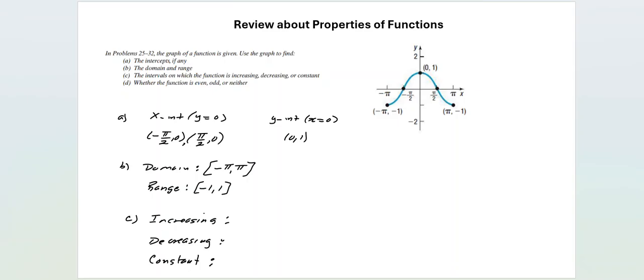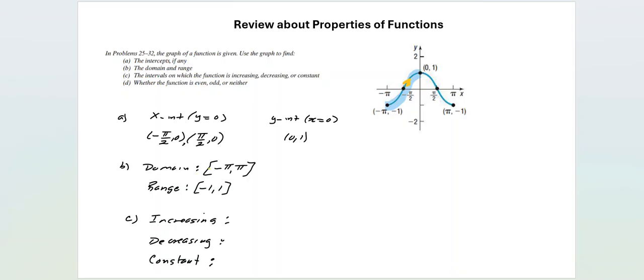So increasing, obviously we know that the function is increasing in those intervals where the graph goes up when you analyze the function from left to right. So from this value of x equal to minus pi to x equals 0, we see how the graph goes up, right?